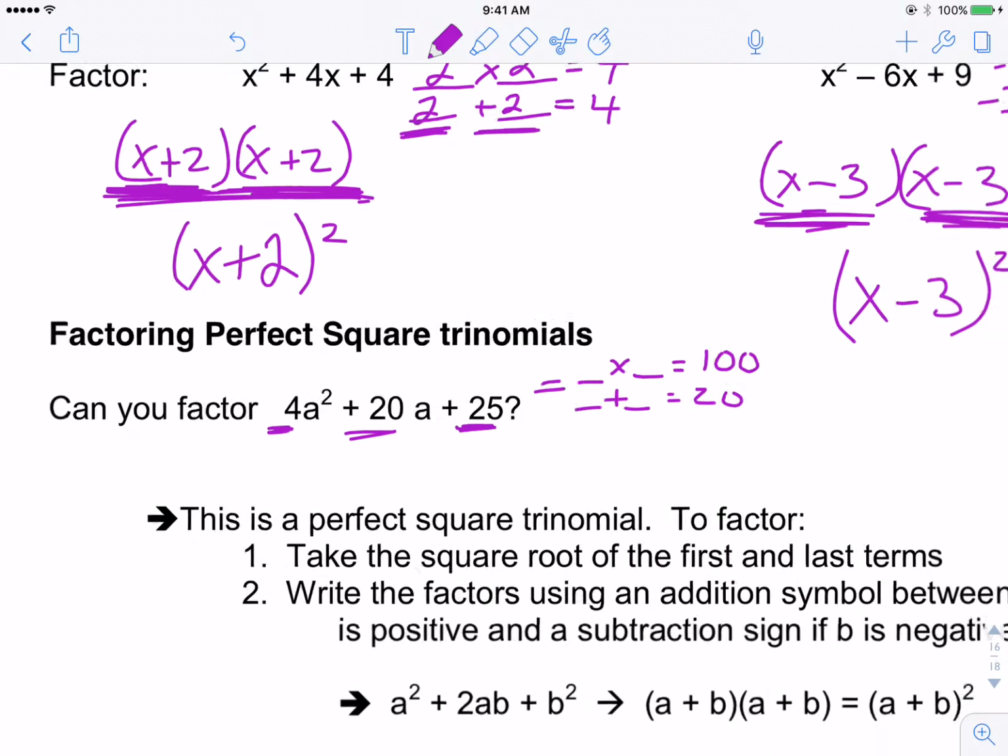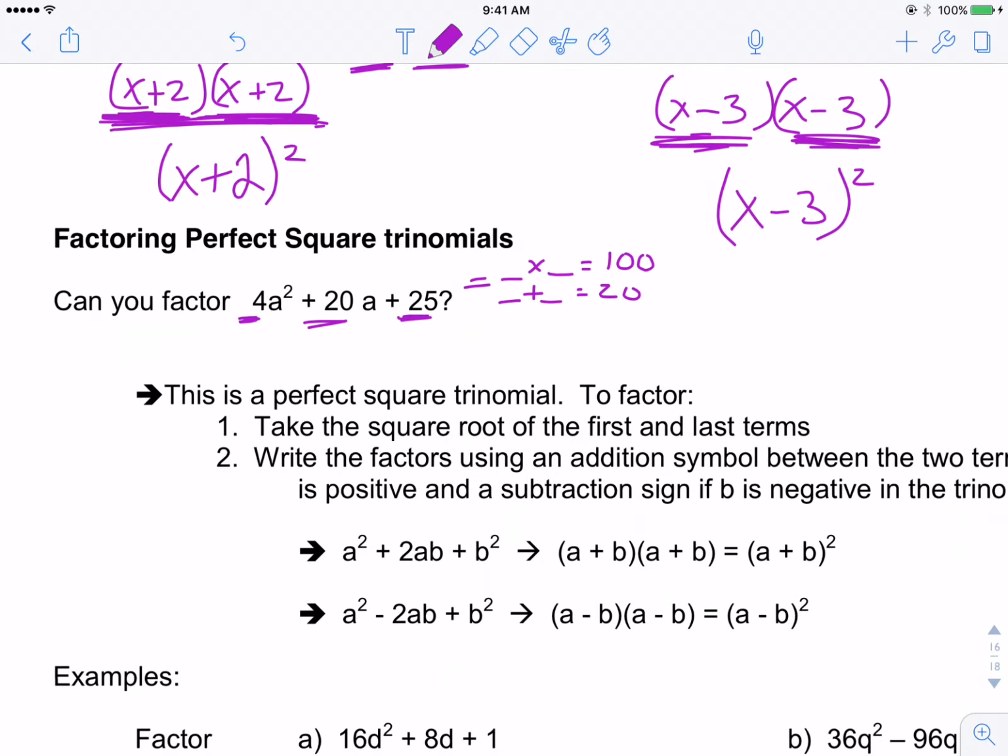But here's a little bit of a shortcut. If you can remember what these are, you can go straight from this form to this form, provided you can figure out what all of these things work out to. If I follow my steps, this is a perfect square trinomial. How do I know?